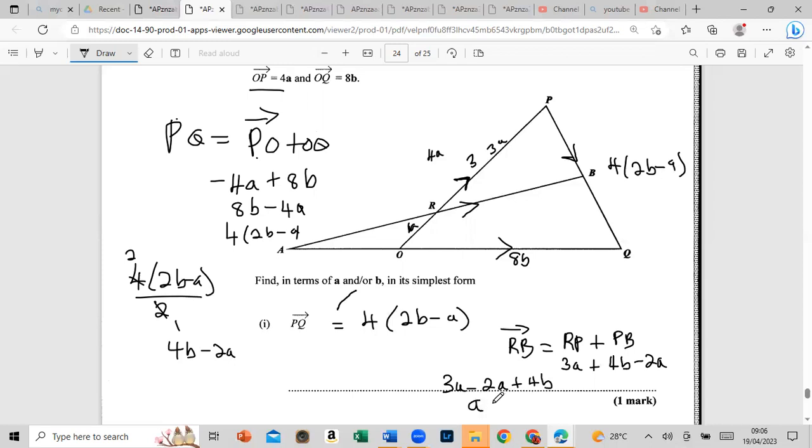No, 4b, sorry. So this will be a plus 4b. And that will conclude this paper. Let's see if we can get our next paper to do the vectors in it. Alright, let's go.